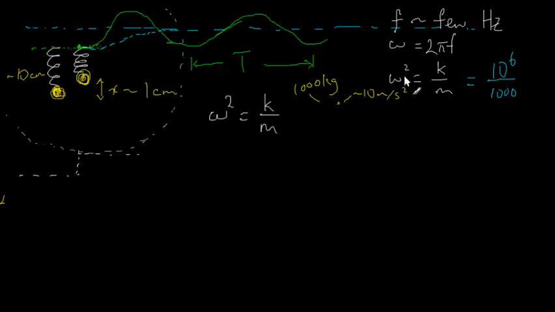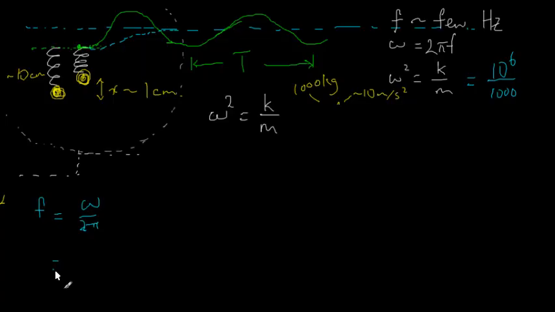Now I want to first find omega, and then I want to find f. Or let me just do it all in one shot. The f there is equal to omega divided by 2 pi.